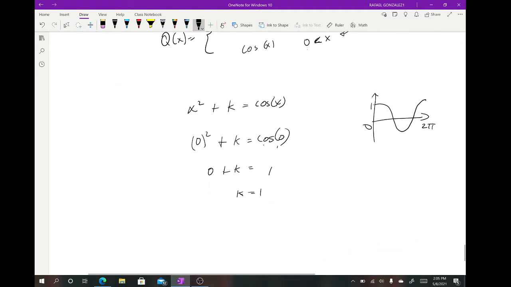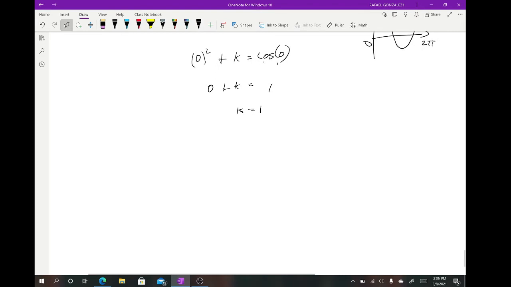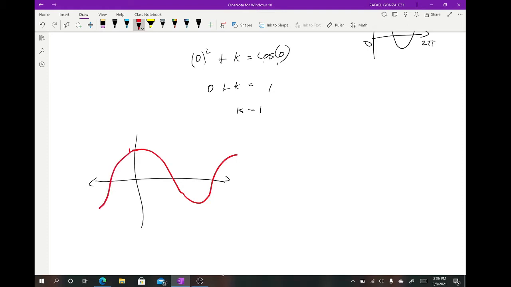Now, let me show you what's actually happening here visually. Cosine of x looks kind of like this. We're only interested in cosine values that are bigger than 0.